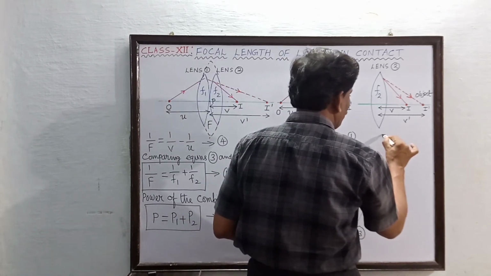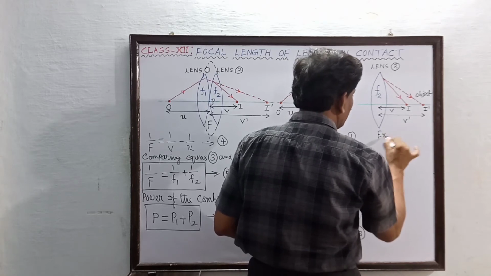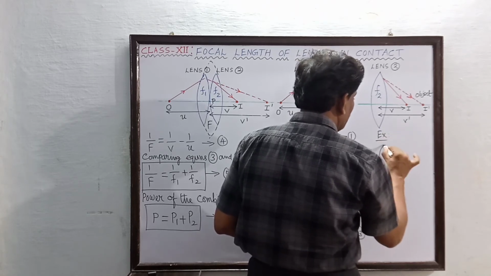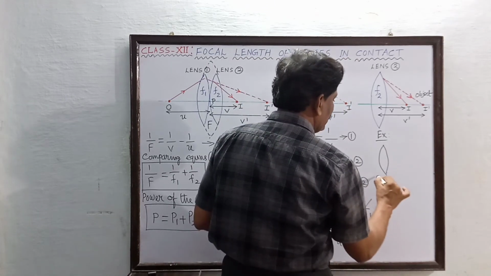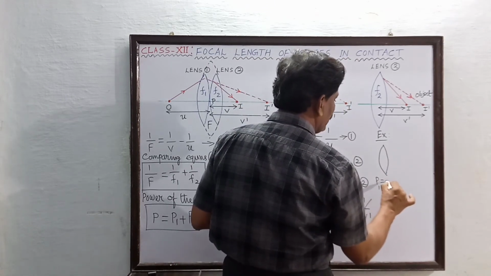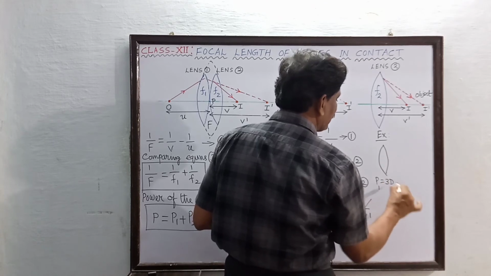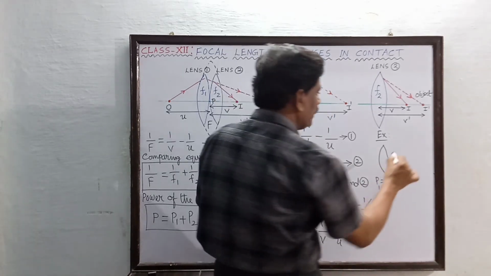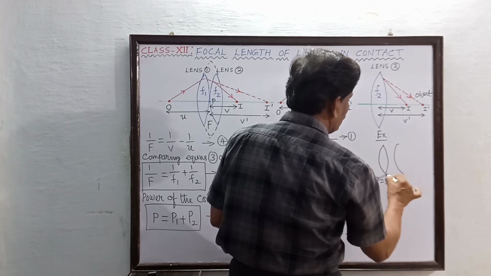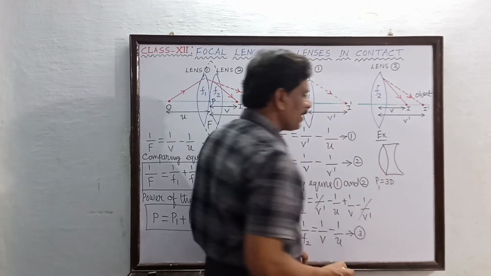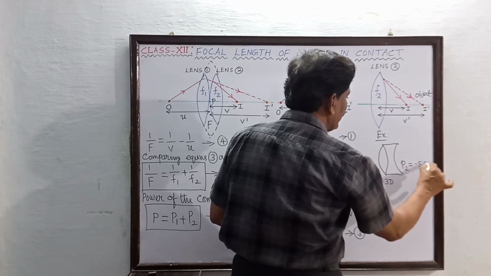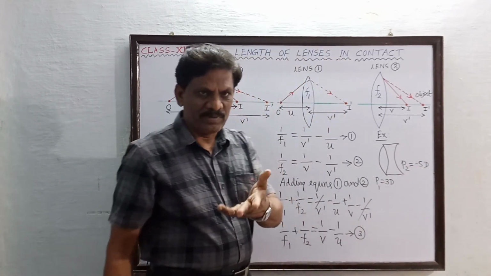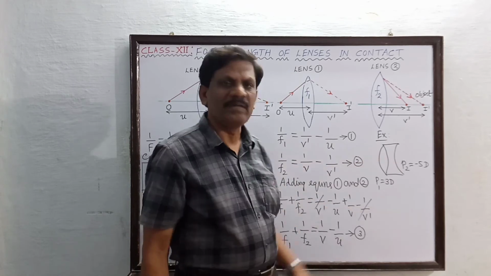Let us take an example. This is a convex lens and its power P1 is equal to 3 diopter, for example. Now it is kept in contact with a concave lens like this, and its power is negative, equal to minus 5 diopter, for example. So these two lenses are kept in contact.